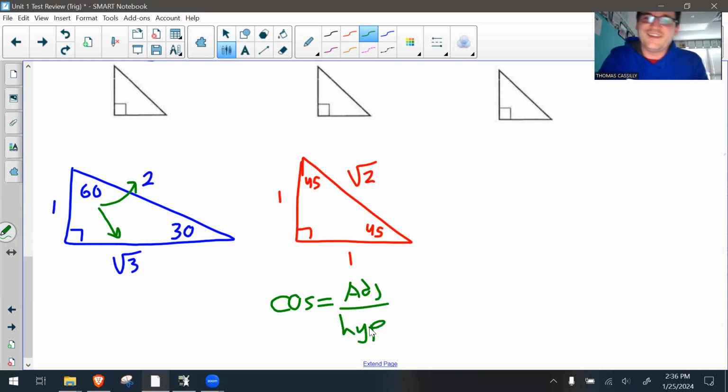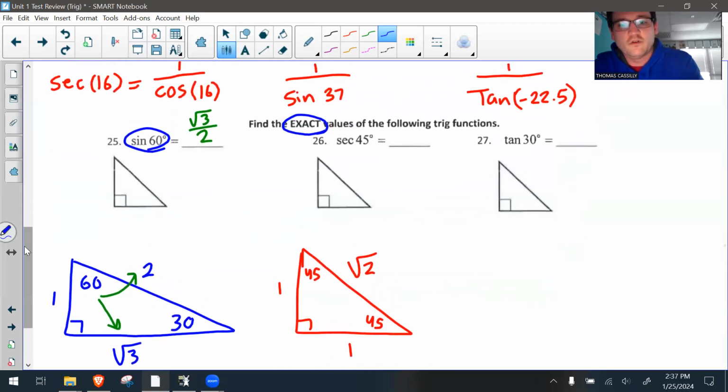All right, so that means the secant is the reciprocal of that. So when we flip those upside down, that gives us the secant. They're looking for the hypotenuse over the adjacent. So that gives us the square root of 2 over 1.